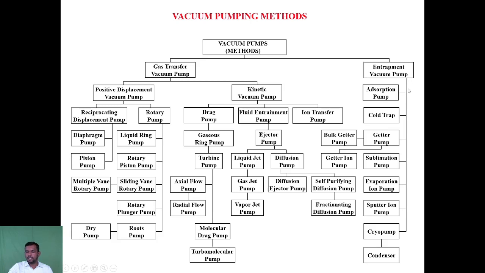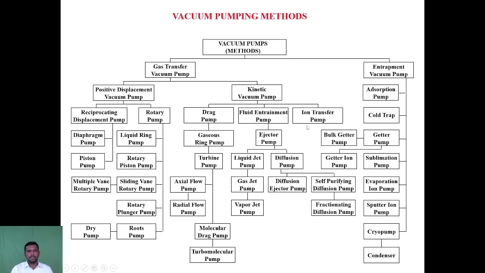It is classified into adsorption pump, cold trap pump, and then further into getter pump and bulk getter pump. The getter pump is classified into getter ion pump. Then entrapment further leads to sublimation pump, evaporation ion pump, sputter ion pump, cryo pump, and finally it ends up with the condenser.